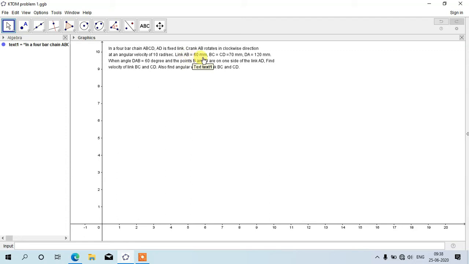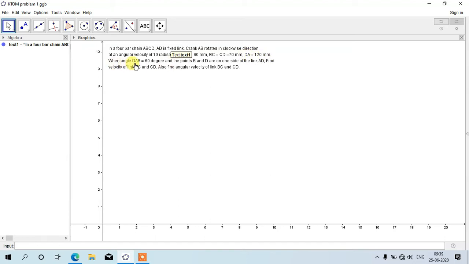AB has 60 mm length, BC and CD have 70 mm length, DA is equal to 120 mm, or you can say AD is equal to 120 mm, which is fixed. It is given over here that the link AD is fixed.